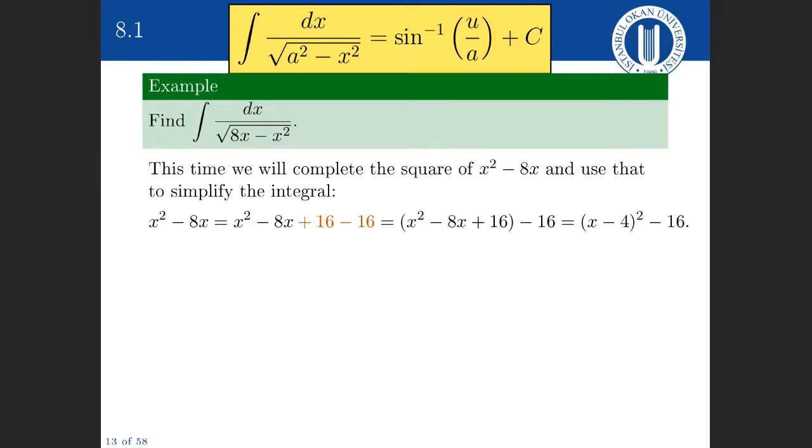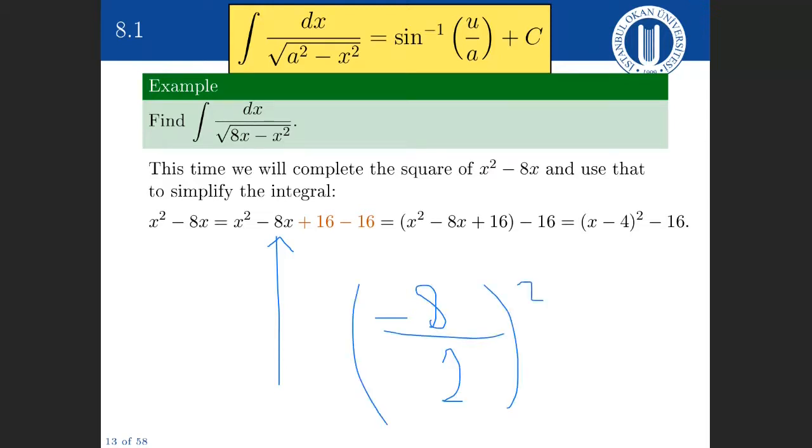Why is it plus 16? Because x squared minus 8x plus 16 is the same as x minus 4 squared. The rule here is we take out minus 8, divide it by 2, and then square it to get the number that we want.